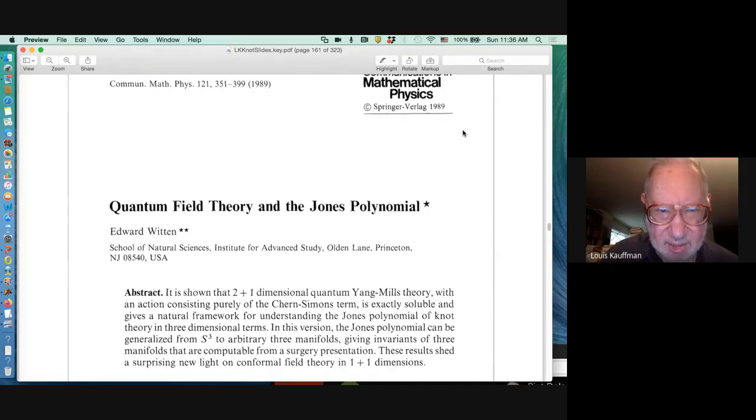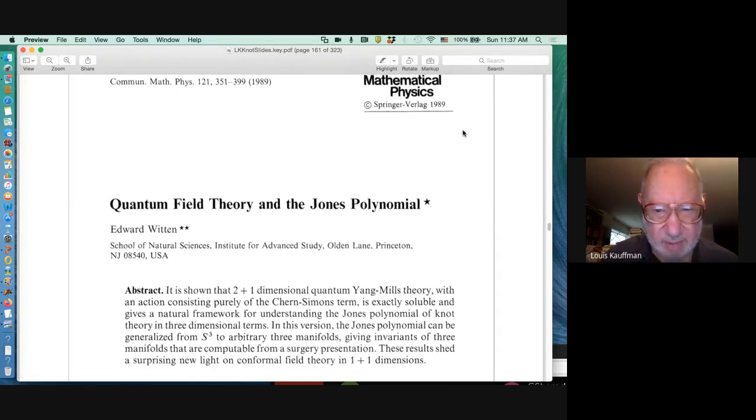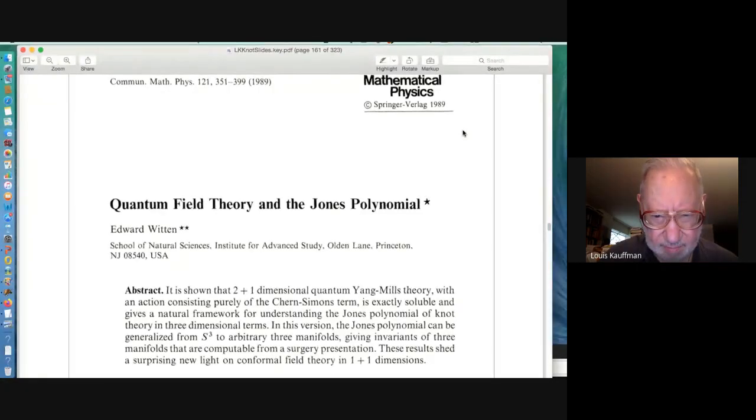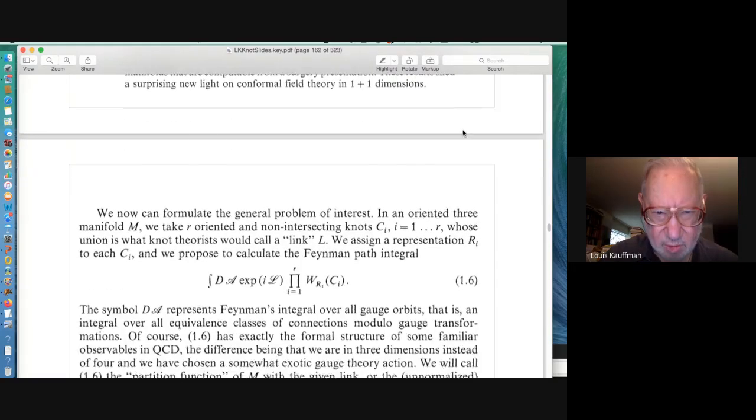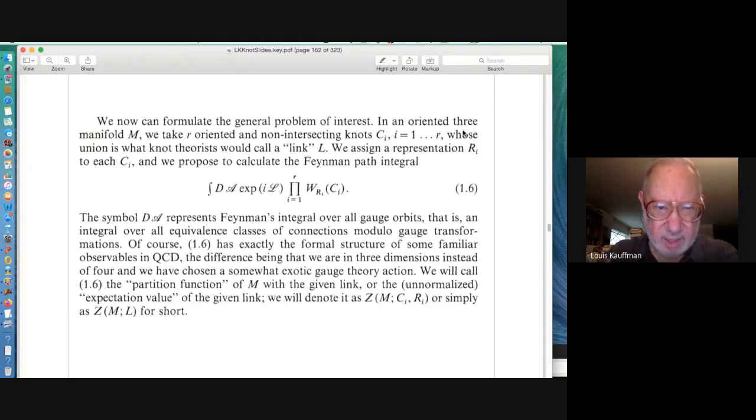Right. So this is Witten's paper. I'll just begin telling you about what he did here. This is a little quote from the paper, and it will do as a first pass.